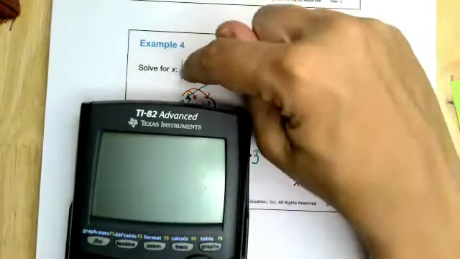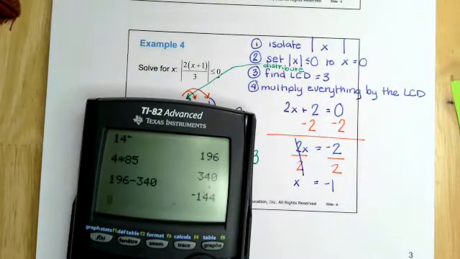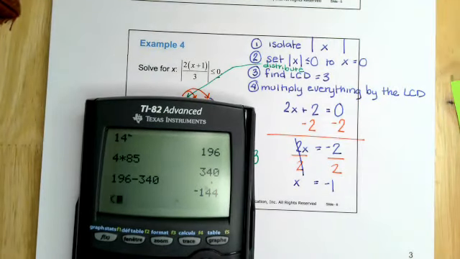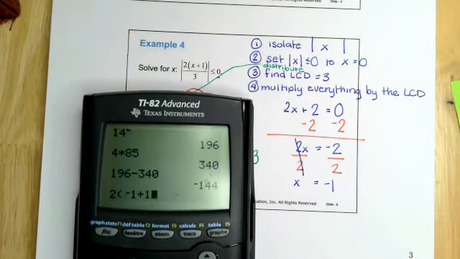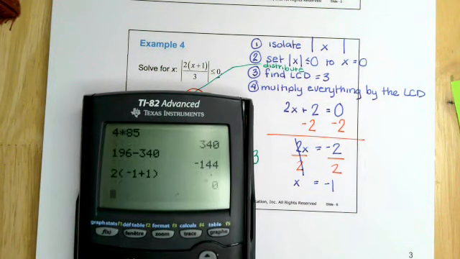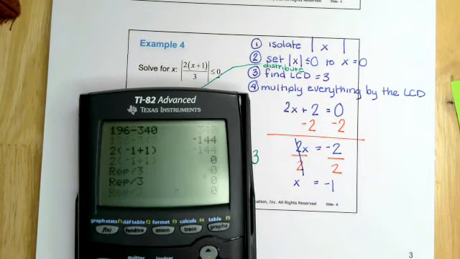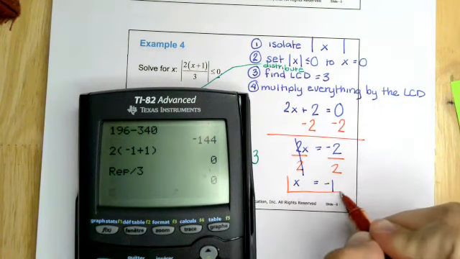So I have 2, just to put this all in the calculator. Slowly. 2 times -1 plus 1 is 0. Divided by 3 is still 0. And then is 0 less than or equal to 0? Yes. Okay. So that's an okay answer.